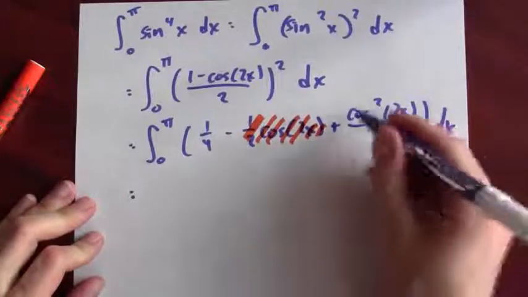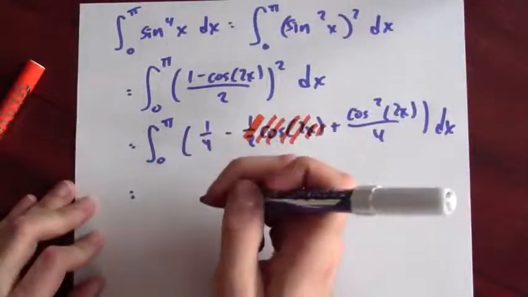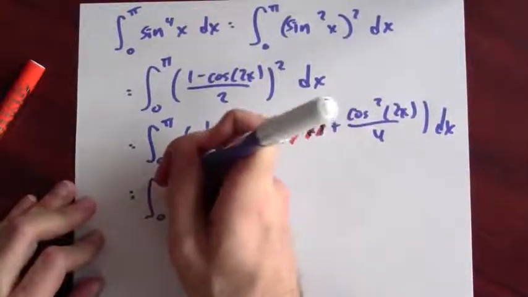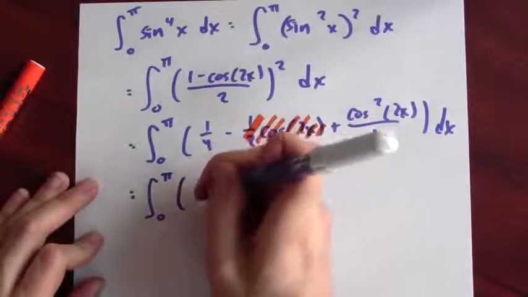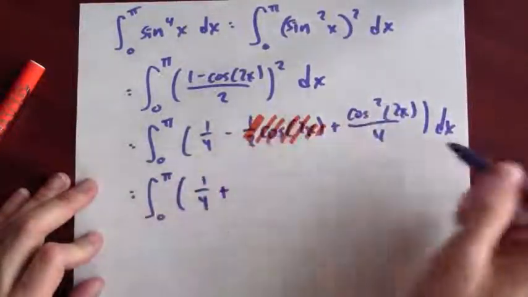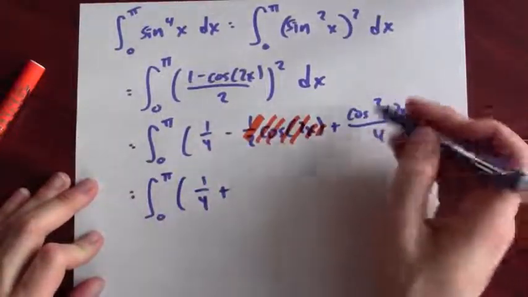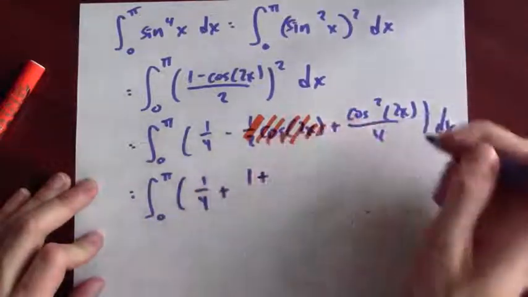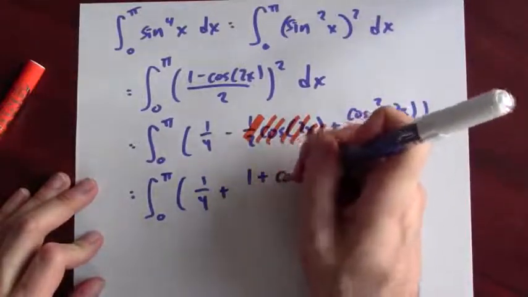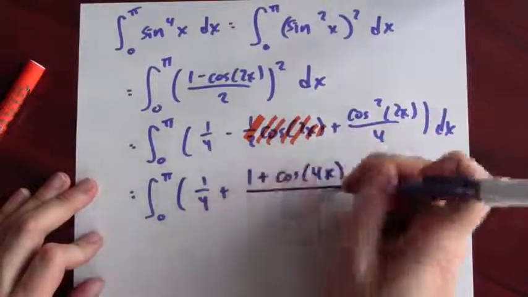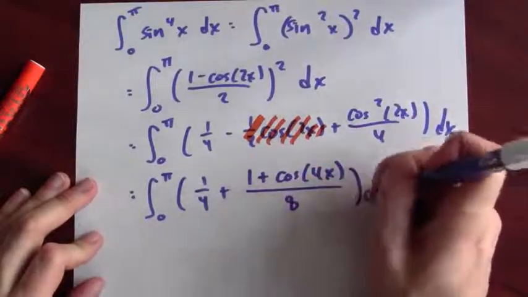I can also use the half-angle formula here. So this is the integral from 0 to pi of, well, I've still got the 1/4 plus, and then what does this become by the half-angle formula? This is 1 plus, and instead of 2x, it's cosine 4x over 8.